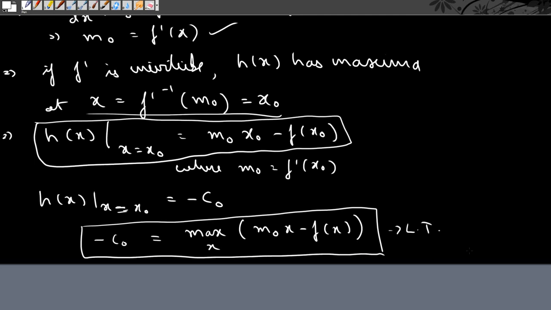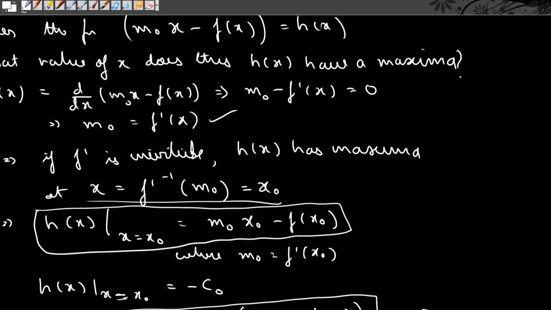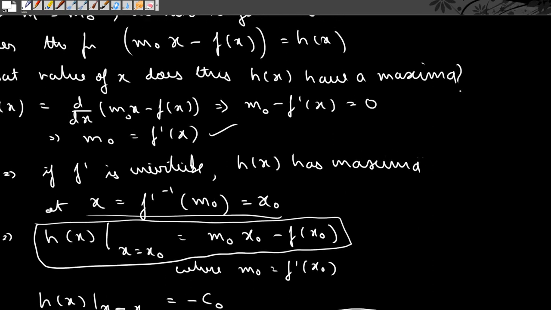Now before we conclude, let me just make sure that this in fact has a maxima. So for a function to have maxima at a critical point, its double derivative must be greater than 0. In this case it is our function h, so h double dash must be greater than 0 for it to have a maxima.